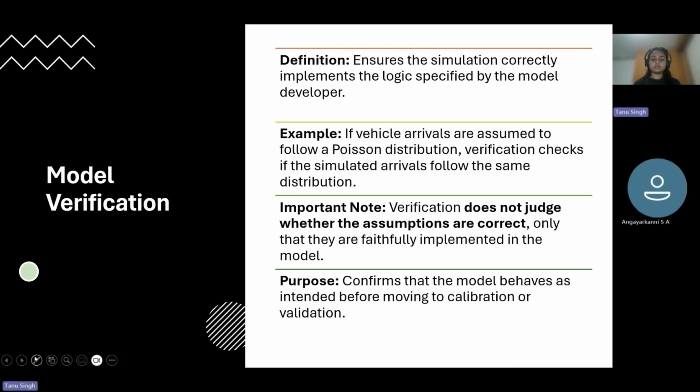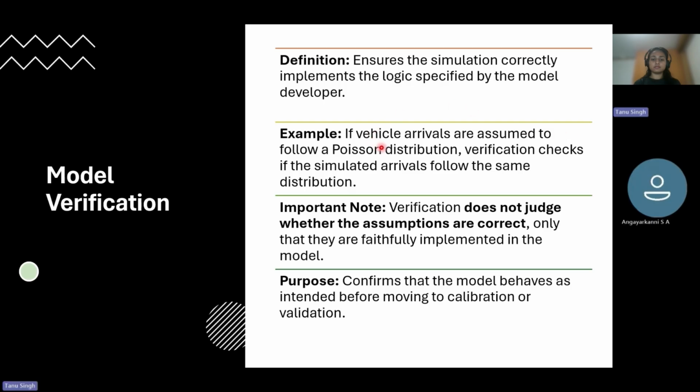For example, if vehicle arrivals are assumed to follow a Poisson distribution, verification ensures that the generated vehicles in the simulation actually follow that distribution. It is important to note that verification does not evaluate whether the assumption itself is correct or not.